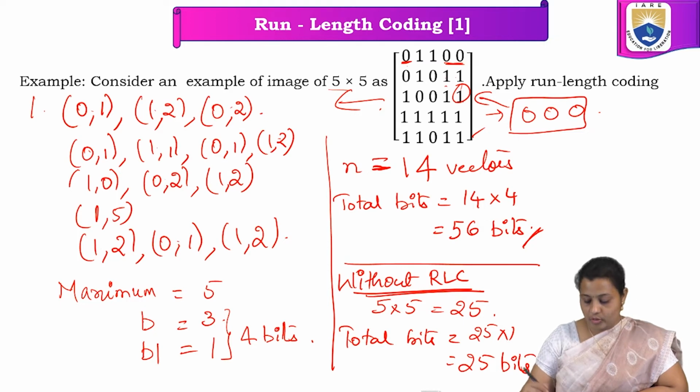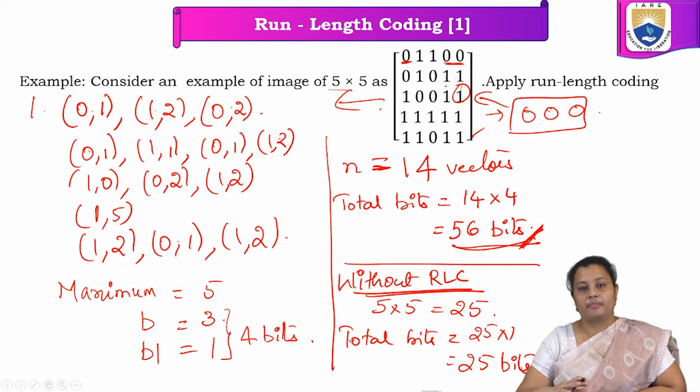If RLC, run length coding, is used in this example, we require 56 bits, whereas without RLC, for the same image, it is 25. So image compression is not achieved.